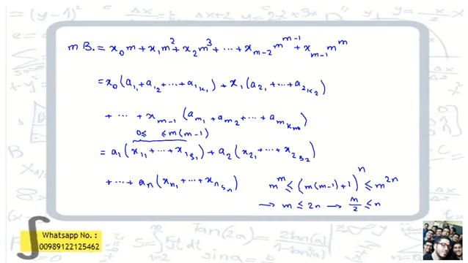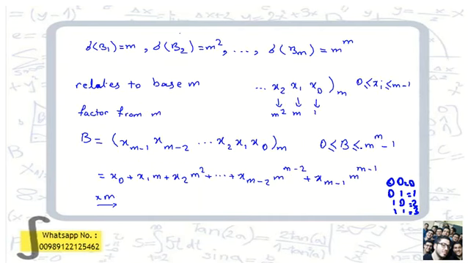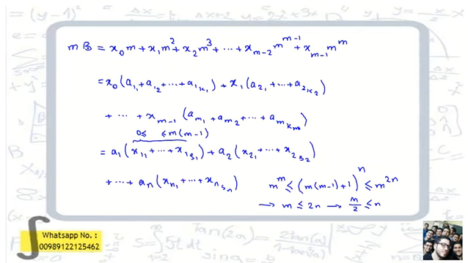So we know that B has exactly m to the m cases, from 0, and if you multiply B by m, again it has m to the m cases, because 0 changes to 0, 1 changes to m, 2 changes to 2m.